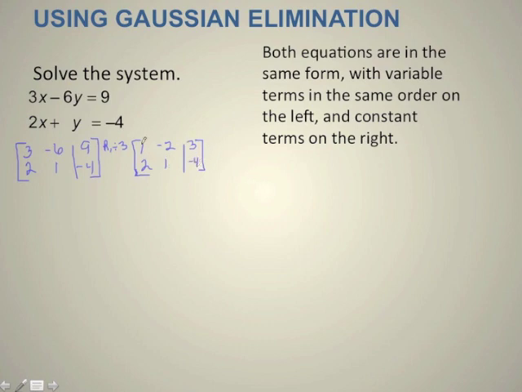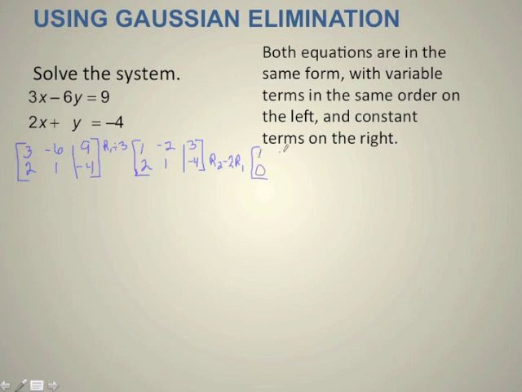Now the next step, since we've got this 1 here, is to use row 1 to get a 0 here with row 2. So what I'm going to do is take row 2 and subtract 2 row 1s from that. So 2 row 1s would be 2, and this 2 minus 2 will give me a 0.